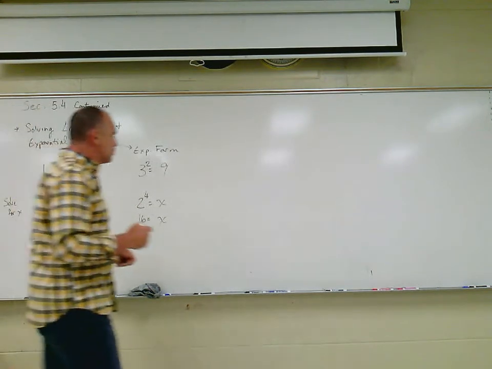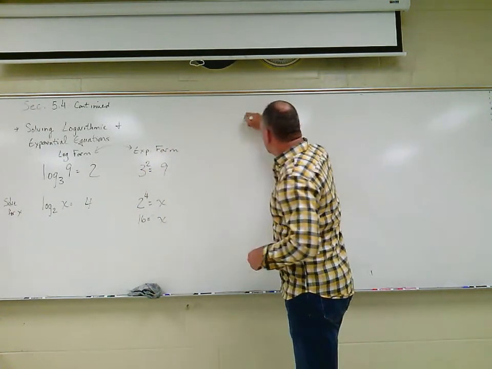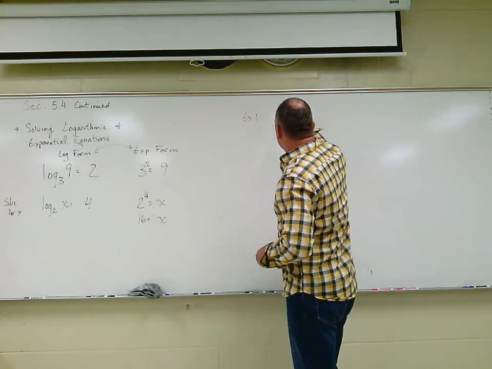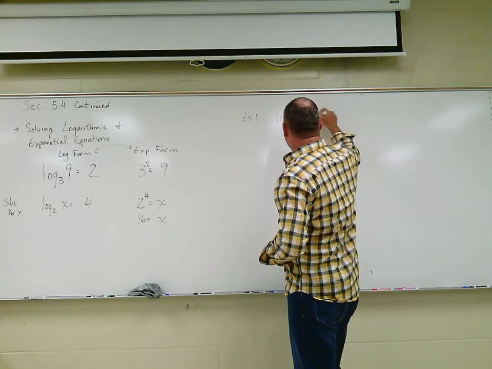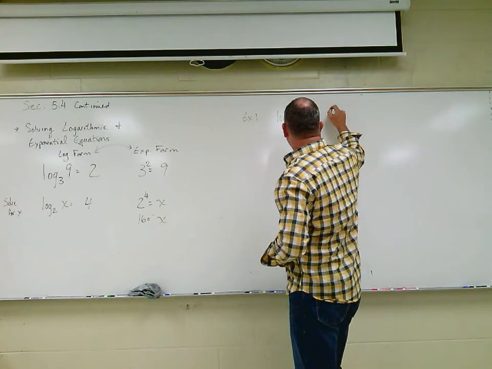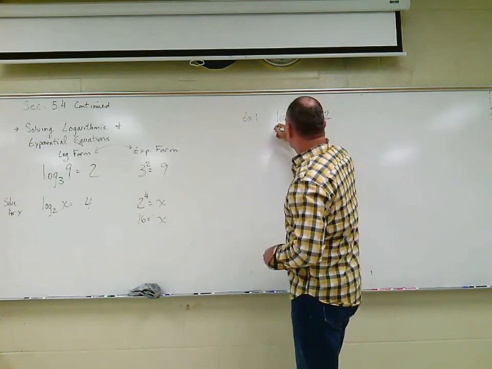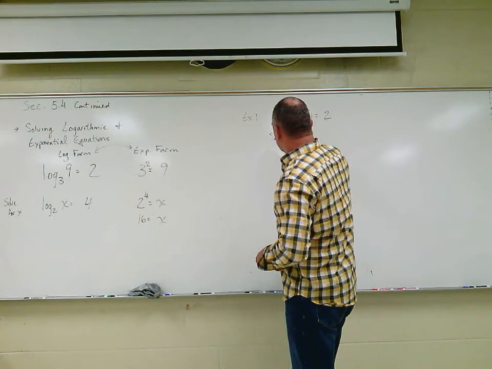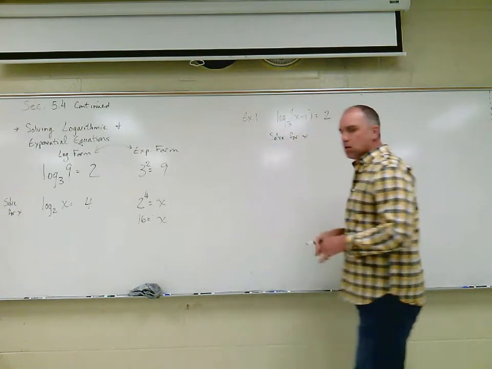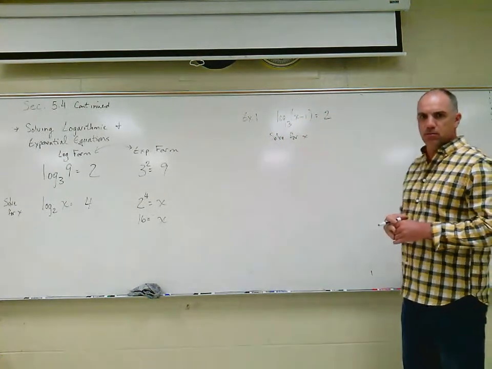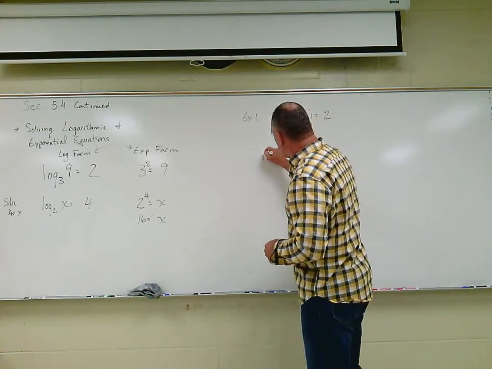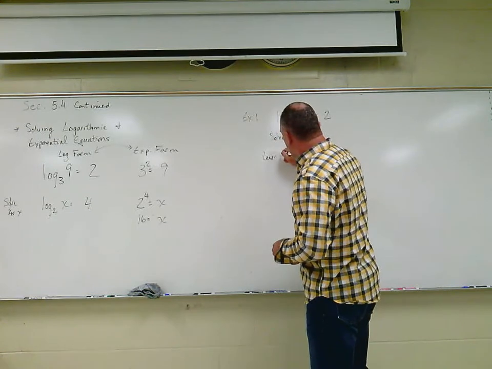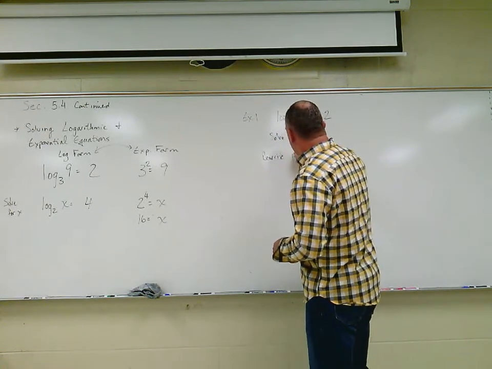So let's try another one. Let's solve, we'll call this example 1. Let's say that we have log base 3 of x minus 1 equals 2, and we want to solve for x. Once we have a logarithm in log form, I'm going to rewrite it in exponent form.